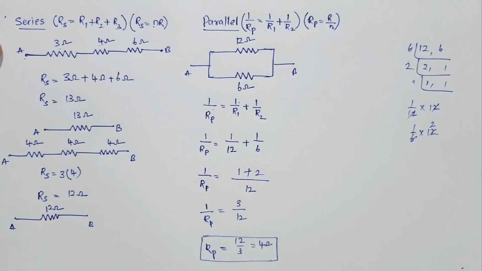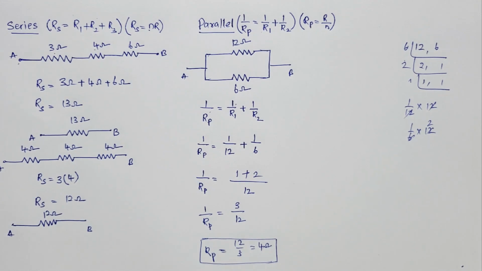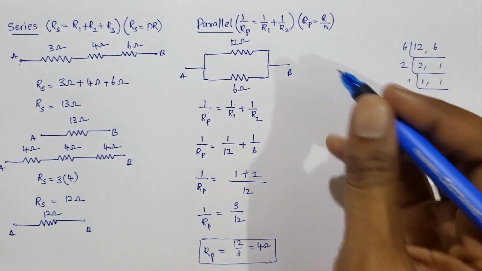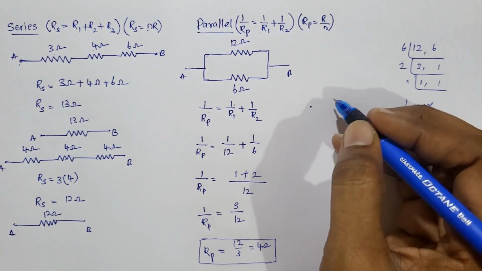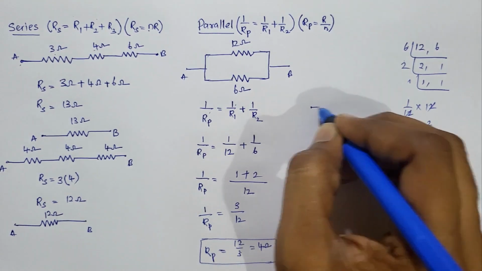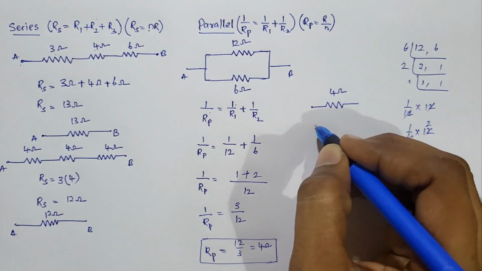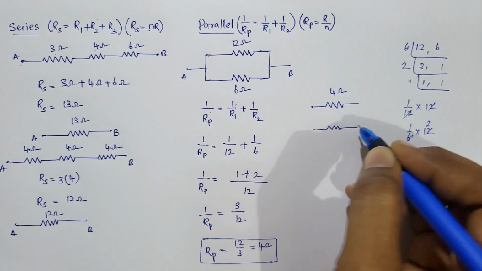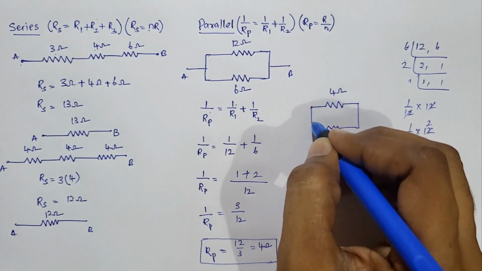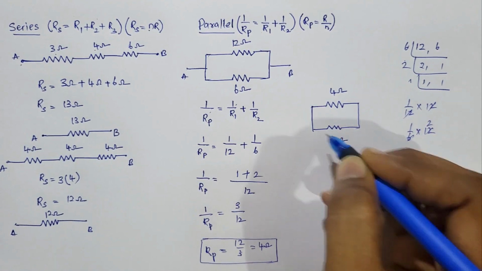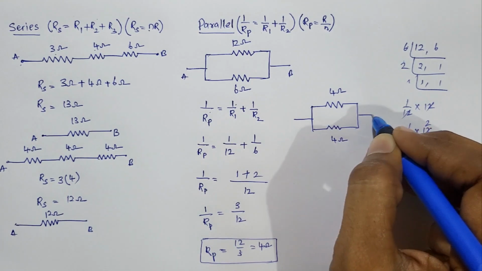Now let us solve a problem on parallel combination when equal value resistances are connected in parallel. Imagine here and there, which resistance shall we take? 4 ohm, and here also 4 ohm. What is the formula now?